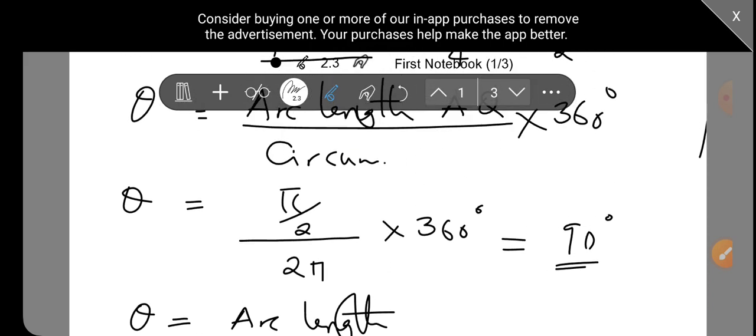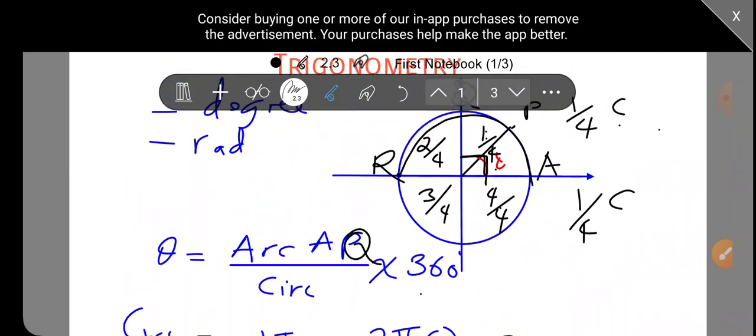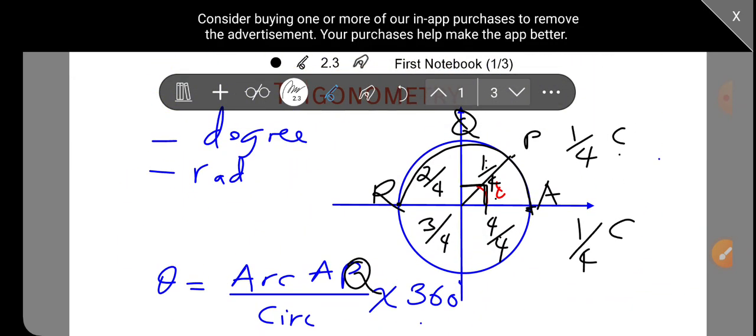You see? So if I move from this part to that part, I get 180 degrees. If I move just to that, I get 90 degrees.